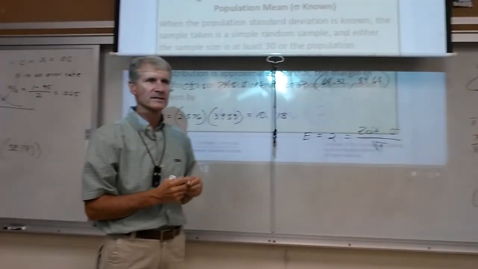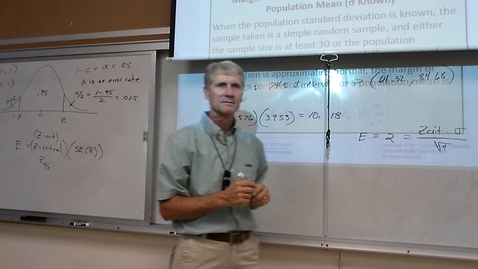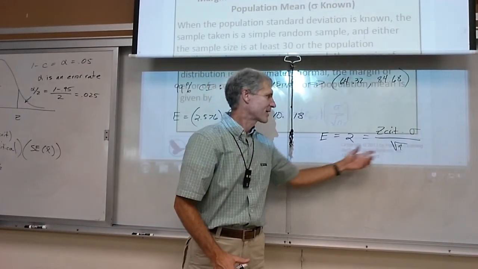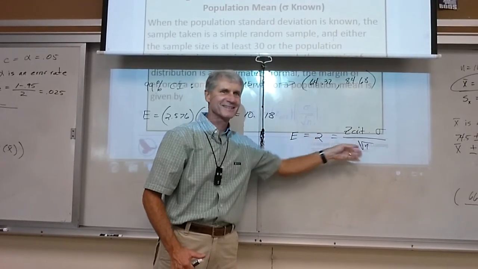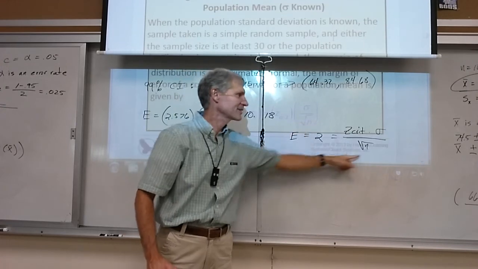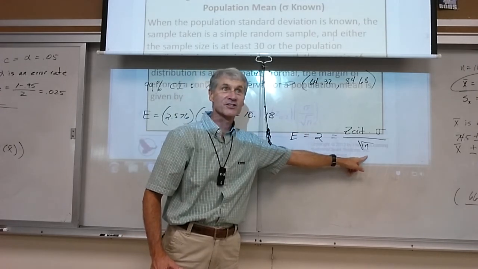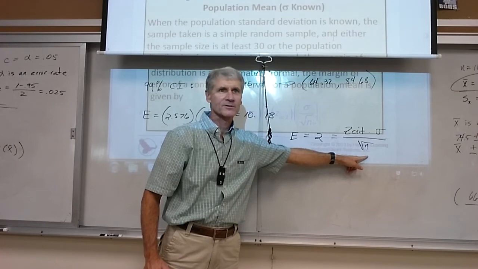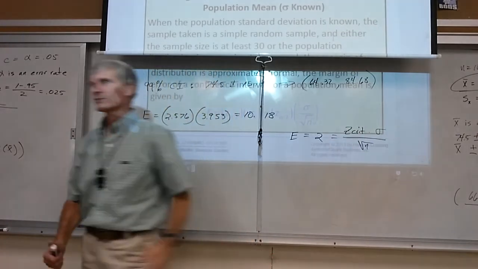How would you solve for n? Okay, cross multiply, right? So you multiply through by the square root of n. Then you divide through by the 2. Then you still have n under the square root, so you have to get rid of the square root. So you square everything. That's all there is to it.